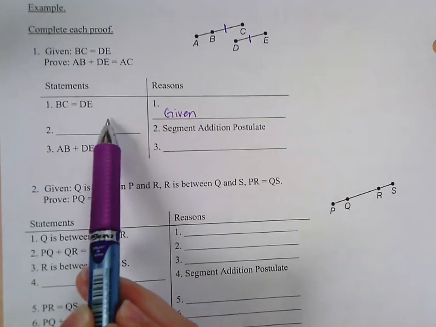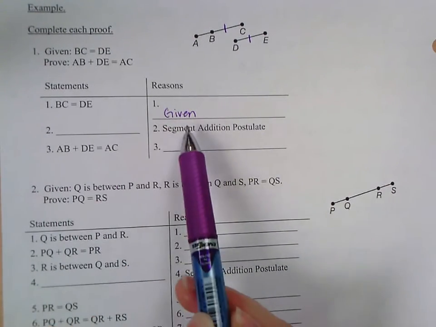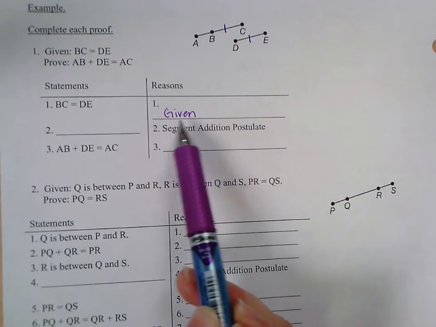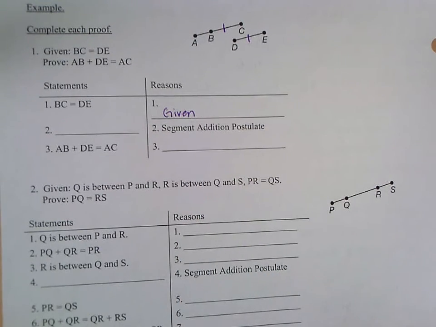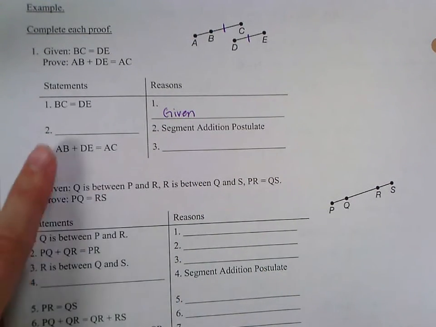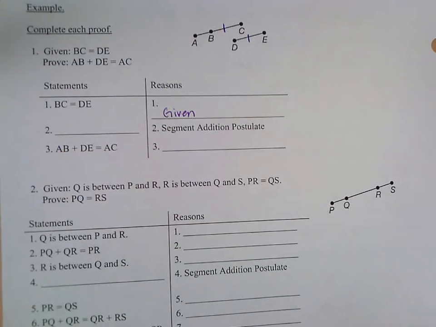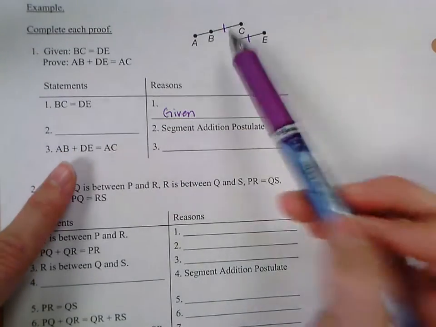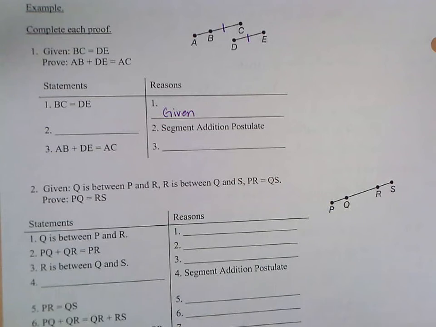Then notice the second statement is blank. The reason is filled in that we're going to be using the segment addition postulate. And you can look at that to help you. But this is what I tell students when they're working through proofs: look at your diagram and if nothing else, just state something that you know.